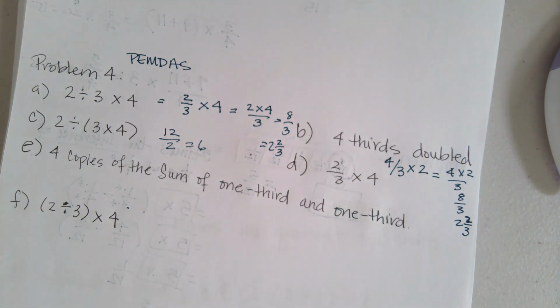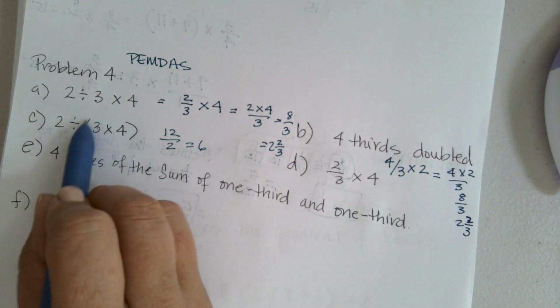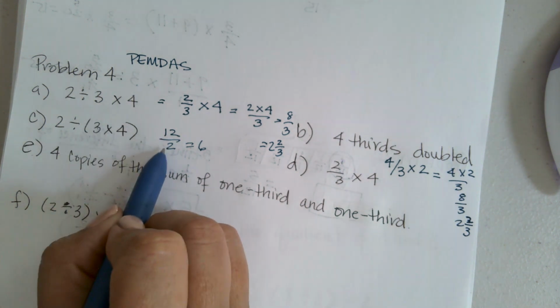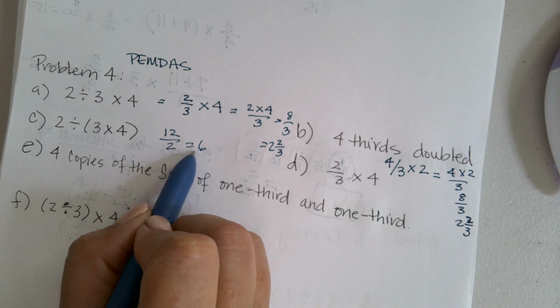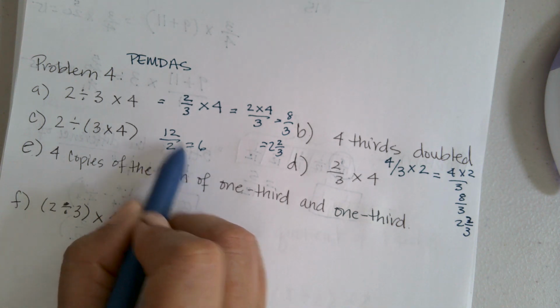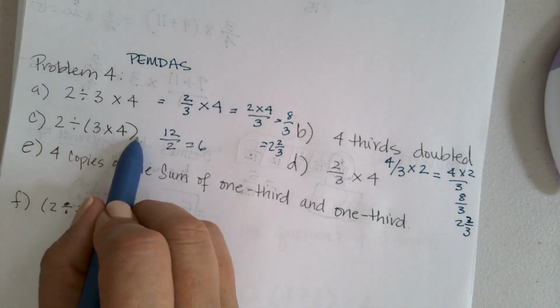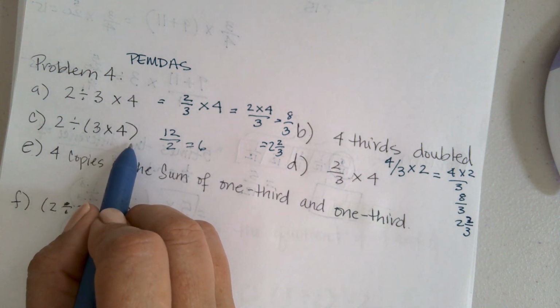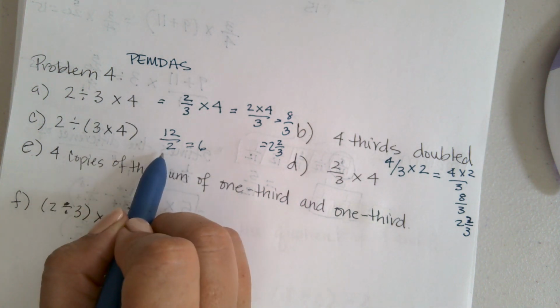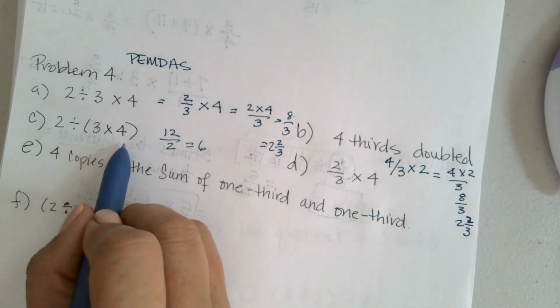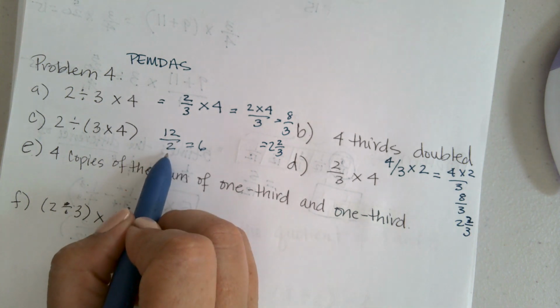So we had to do multiplication first and then divide by 2. Because these are exactly the same numbers, but the parentheses were there, it changed the way we had to solve the problem.